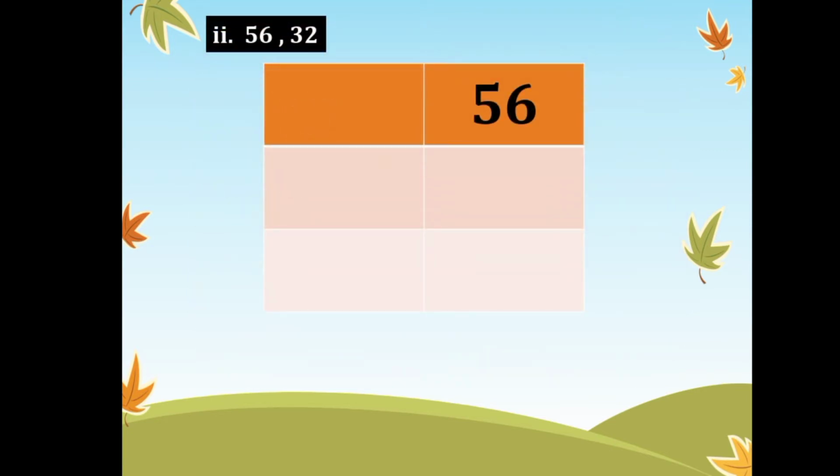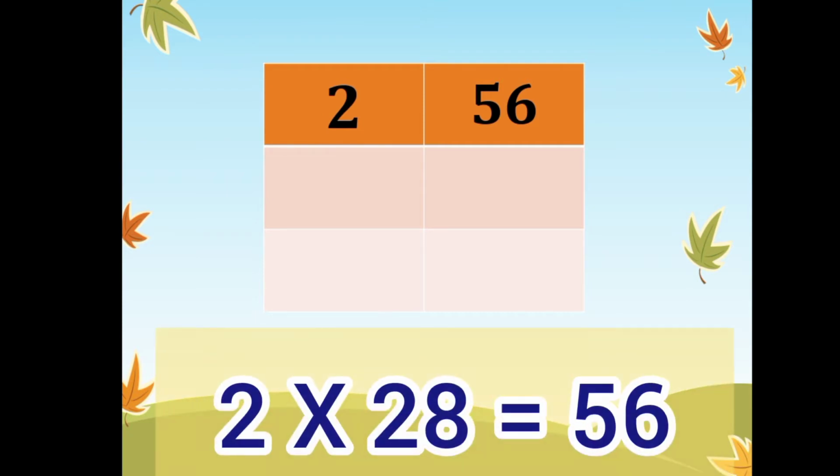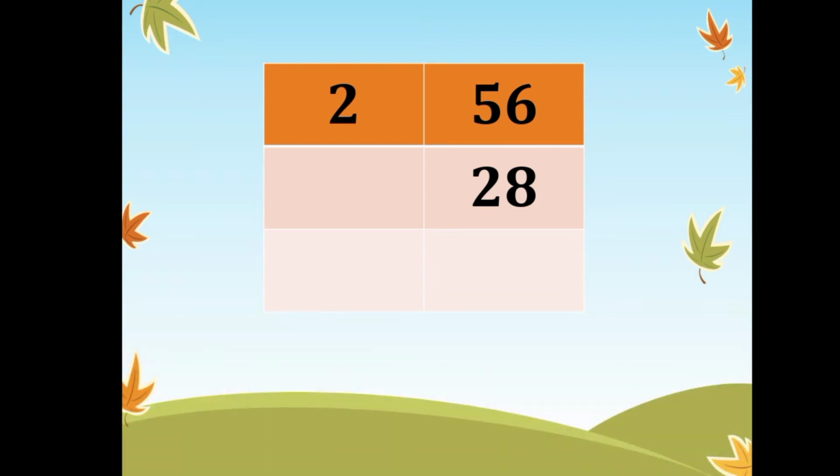The second part has 56, which we need to write on the right-hand side, uppermost. 56 is an even number, so we divide it by 2 and get 28. It means 28 multiplied by 2 gives you 56.